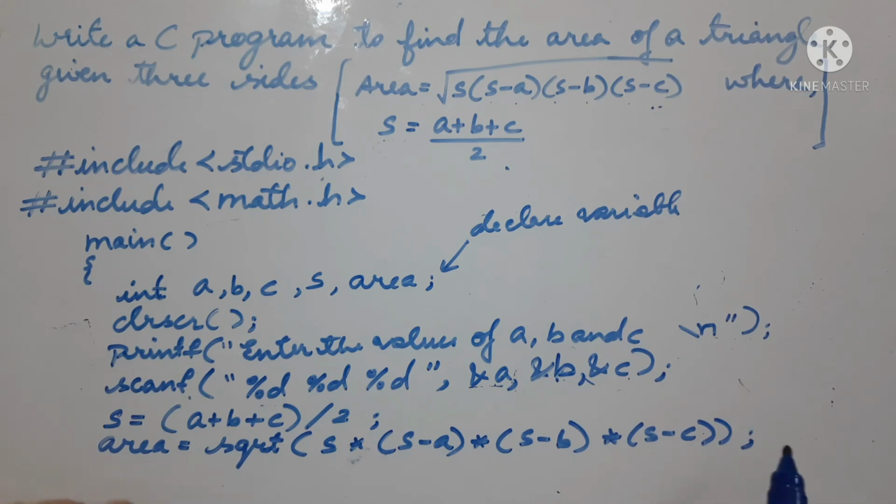So be careful with the brackets. Here there is one opening and closing bracket, and these are individually opened and closed. Always be careful with the brackets. If you miss a bracket, then definitely the program will throw an error.